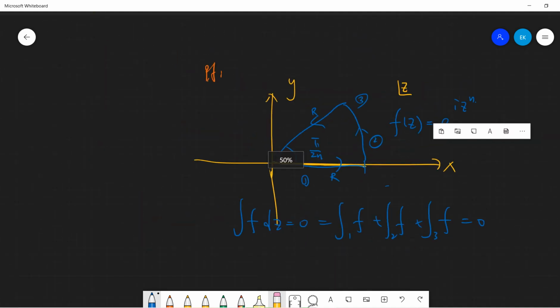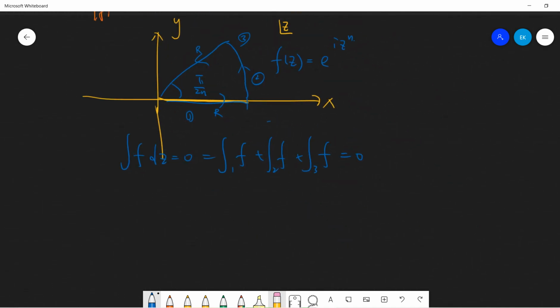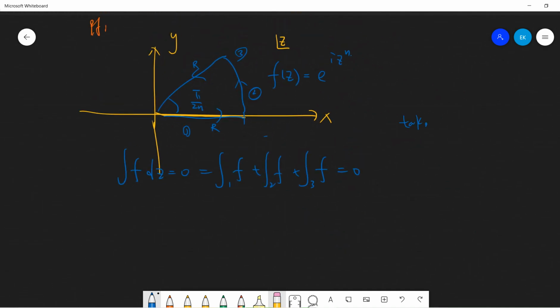Okay, and so what we are going to do is take R to infinity. One calculation I will quickly sketch is that you can prove that as R goes to infinity, the second integral will be 0. The reason you can easily prove by yourself.